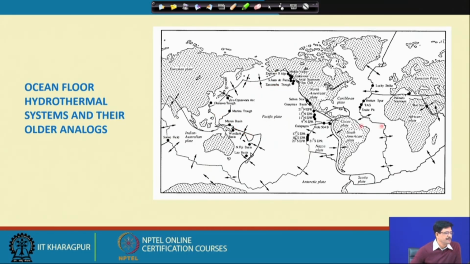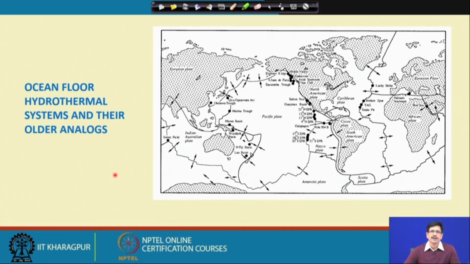So this entire ridge system is either placed on the mid-oceanic ridges, with active rifting, or on the back arc. Such locales are active sites of hydrothermal activity, and they result in hydrothermal mineralization.